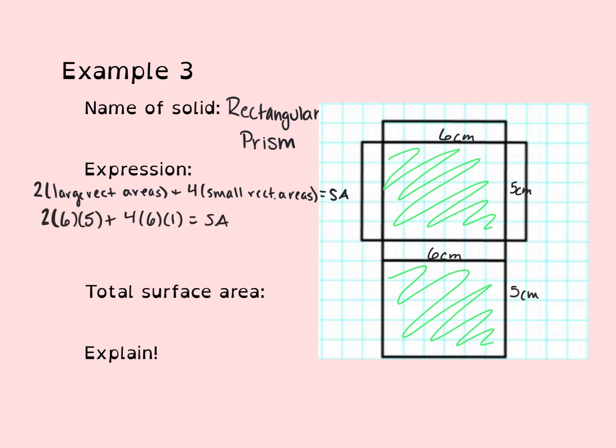I have now plugged in my base and height for my large rectangle area as well as my small rectangular area. Now you just solve. Once you solve, you find that the total surface area for our three-dimensional shape would be 84 square centimeters. Again, we did this by adding up the area of the smaller sections of our three-dimensional prism to get the total surface area.